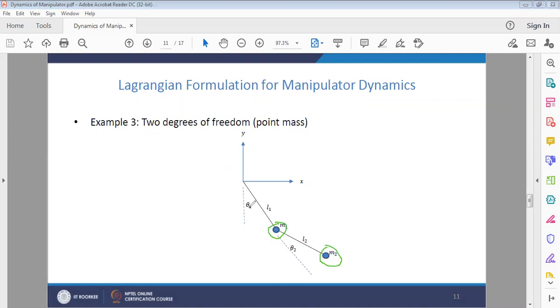Theta 1 and theta 2 are the joint angular displacements at this particular instant, and L1, L2 are the link lengths. We assume the manipulator is in the fourth quadrant, that is, negative y-axis and positive x-axis.